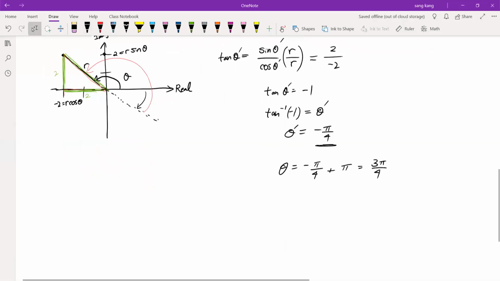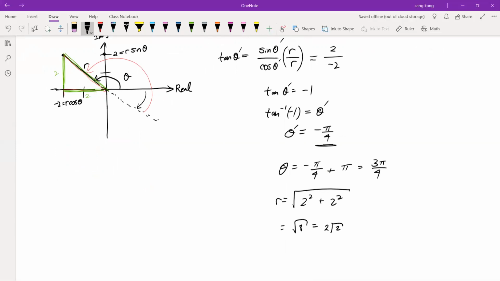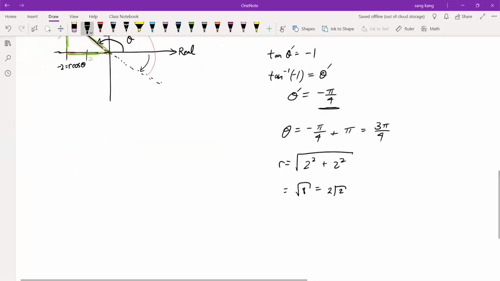So I can do r equals the square root of 2 squared plus 2 squared, which is the square root of 8, which is 2√2. So my polar coordinate then is going to be 2√2, comma 3pi/4. So this is my r comma theta, right?